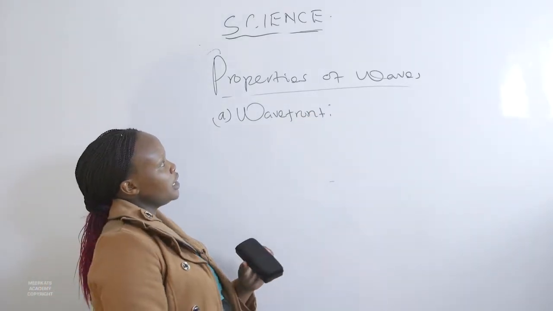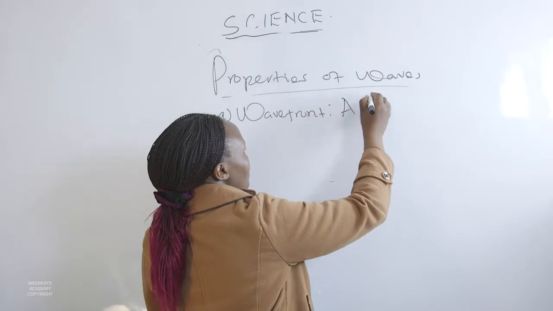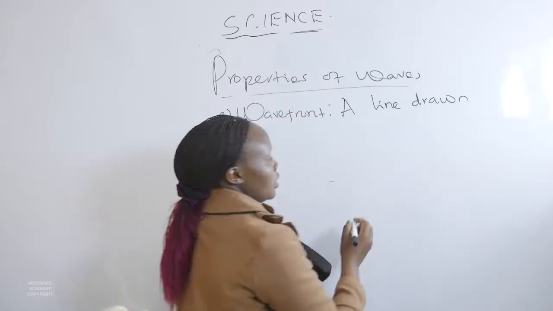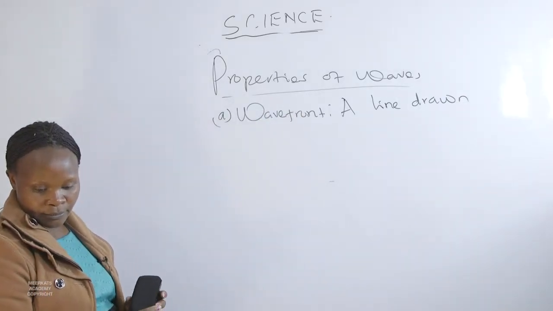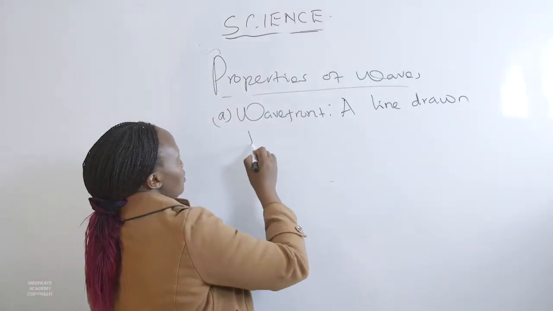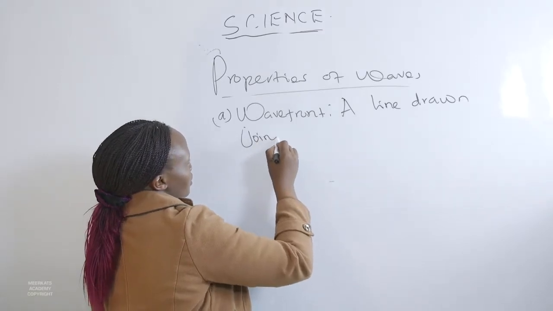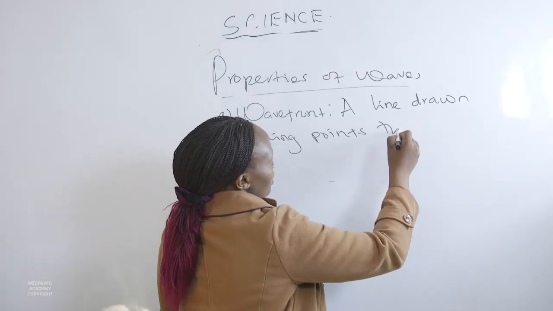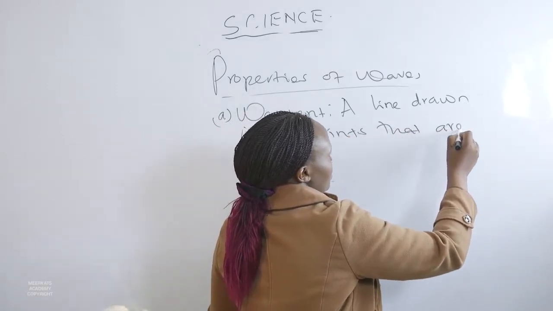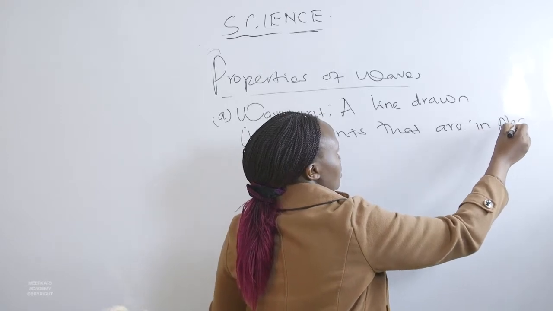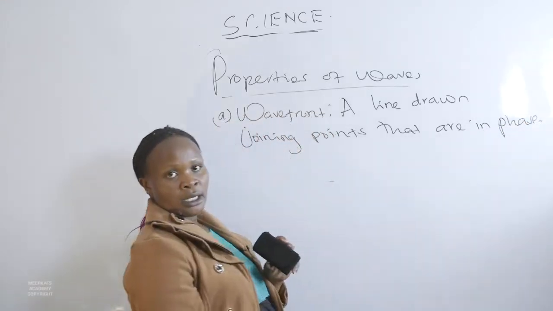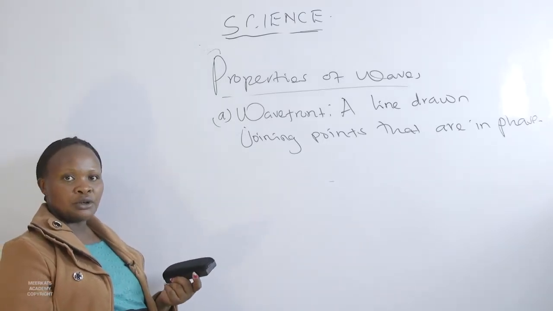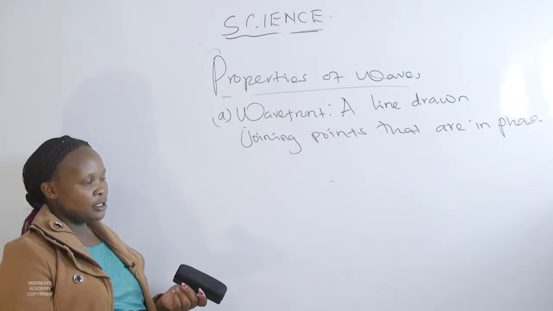A wave front is actually a line drawn joining points that are in phase.